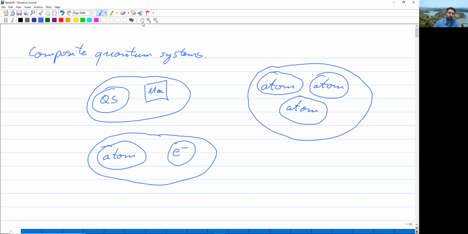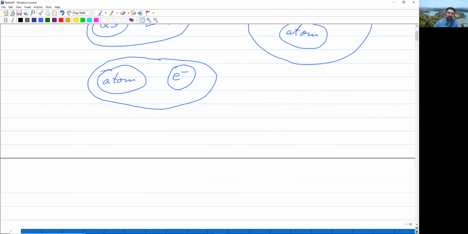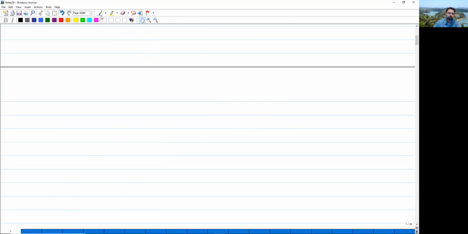Or, and that's also a very important circumstance, imagine we're dealing with an atom, such as the hydrogen atom. If we do the quantum mechanics of the hydrogen atom, remember it has energy eigenstates, the energy levels of the hydrogen atom. I'm sure you've seen that in the previous course in some detail.